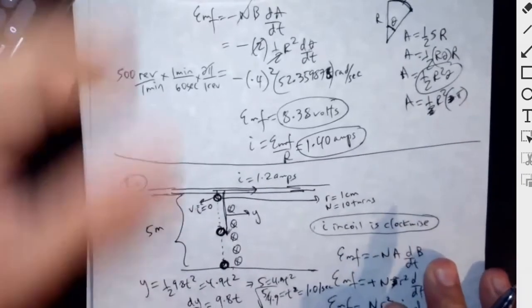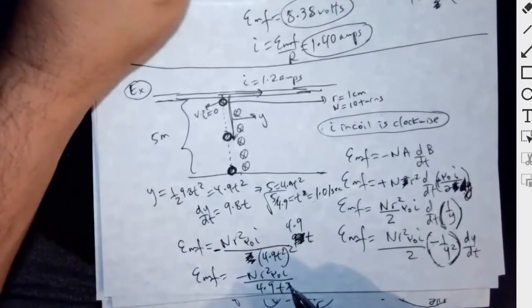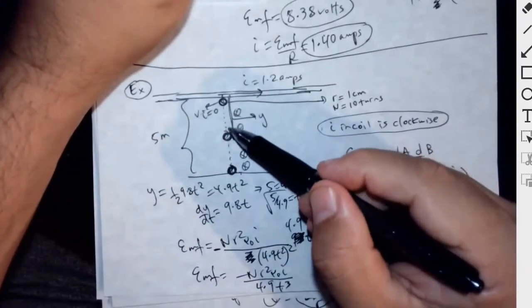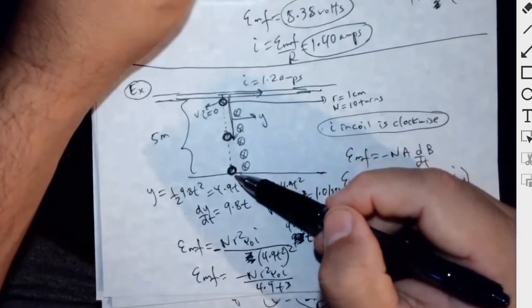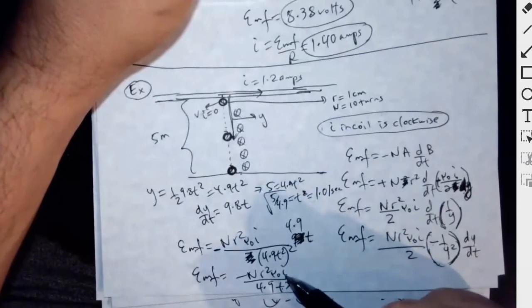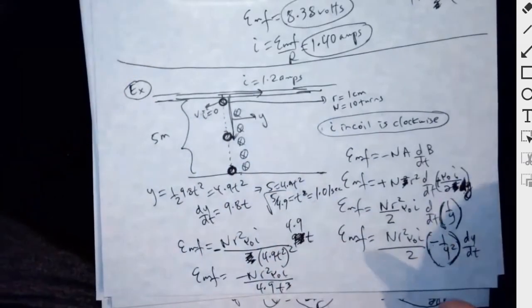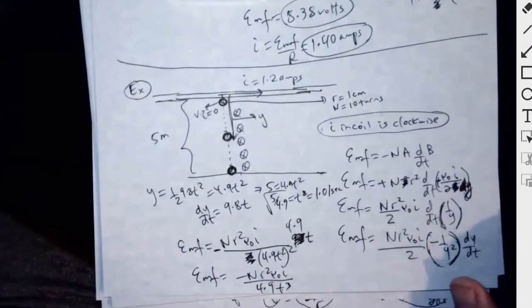Conceptually, try to explain that. The reason that we got the t cubed on the bottom means that as time progresses, you're going further away from the wire, and the EMF induced in the wire is going to be less and less. And therefore, the current induced is going to be less and less.